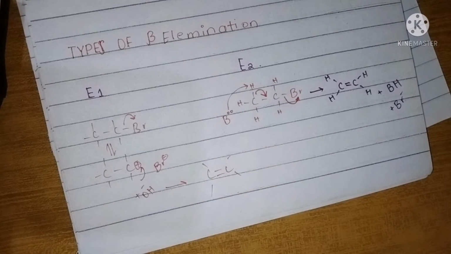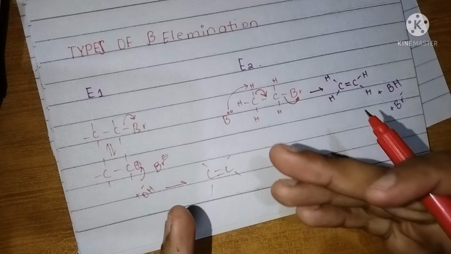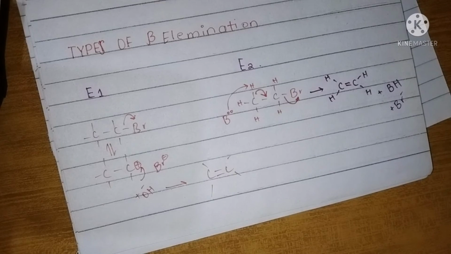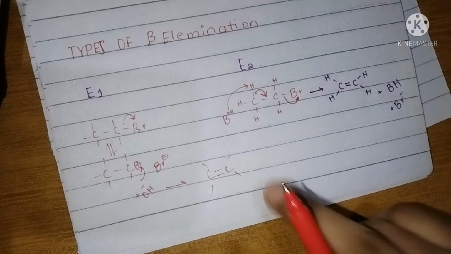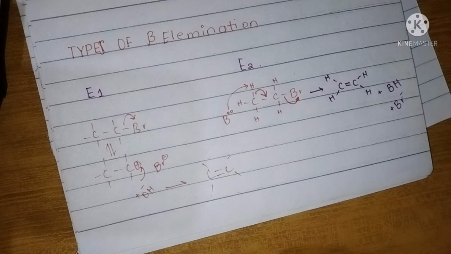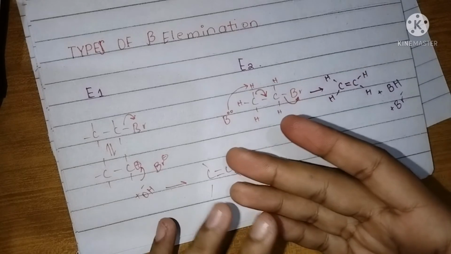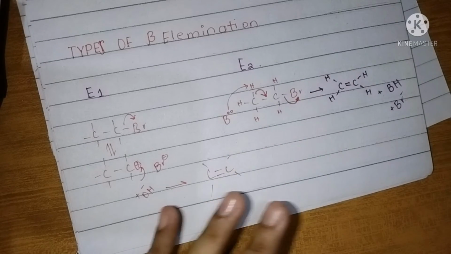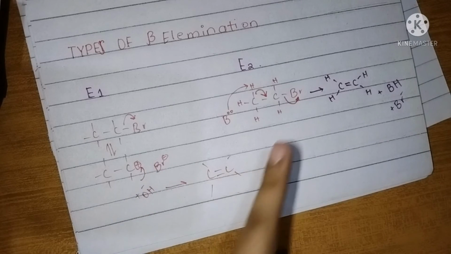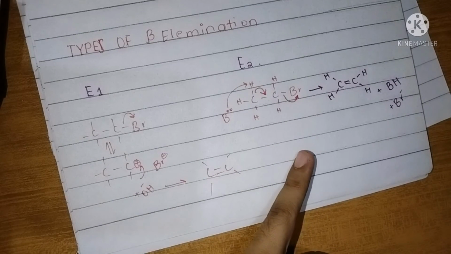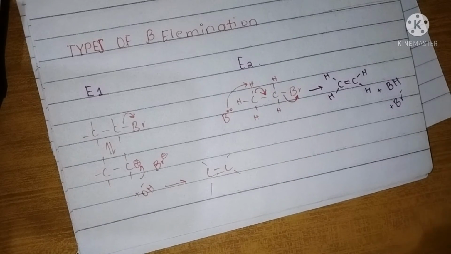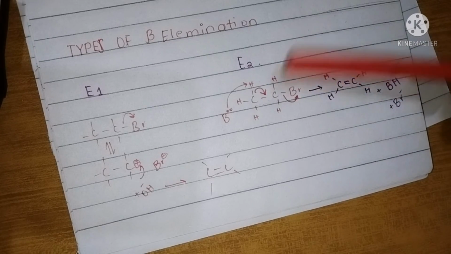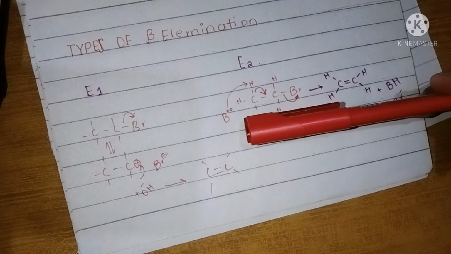Ethene. So the end product is the same here, but there is a little difference between these two. The E2 mechanism is bimolecular, and the rate of reactions which follow this mechanism depends upon the concentrations of the alkyl halide as well as the base.